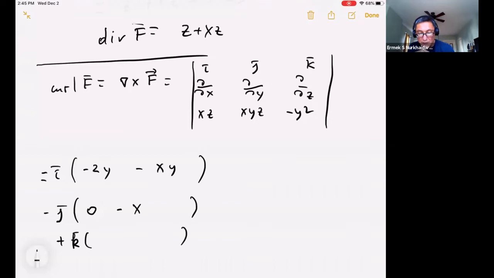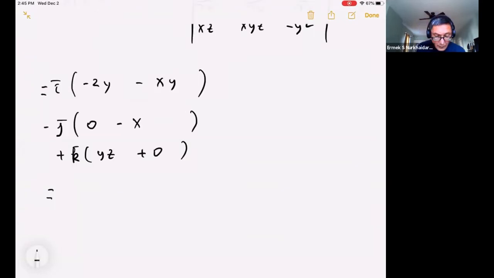The derivative of xyz with respect to x is going to be yz. The derivative of xz with respect to y is going to be 0. So we have negative 2y minus xy times i, plus x j, plus yz k.